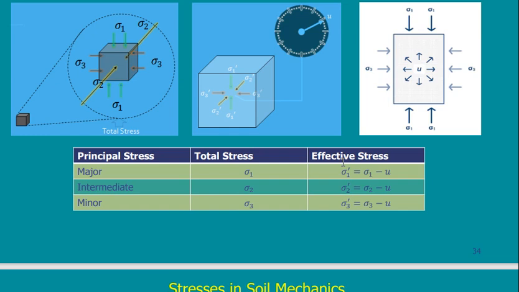The body is not moving, they are just cancelling each other. Sigma 1 from one direction, I have sigma 1 from the other direction, it cancels each other. But the body itself is under pressure. This small particle is not moving. It has load from one side and load from the other, but it's under pressure.